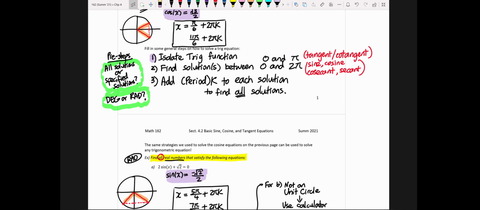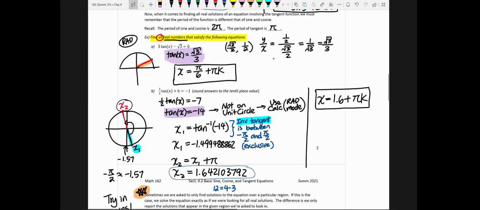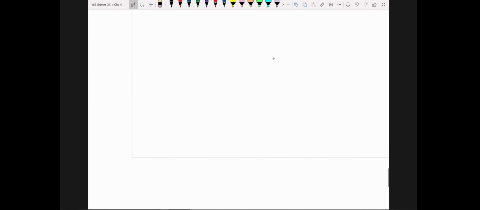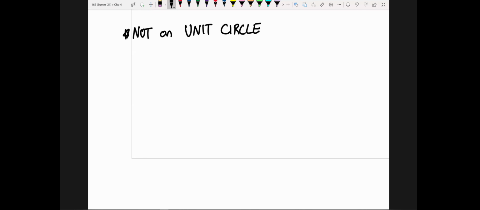Okay. Now, if the answers are on the unit circle, students will be expected to give the exact answer, radians or degrees, that are on the circle. However, if it's not on the unit circle, let's put in some notes here. So, not on unit circle for sine.